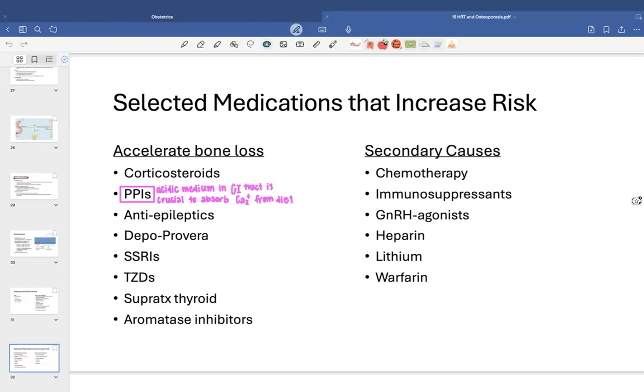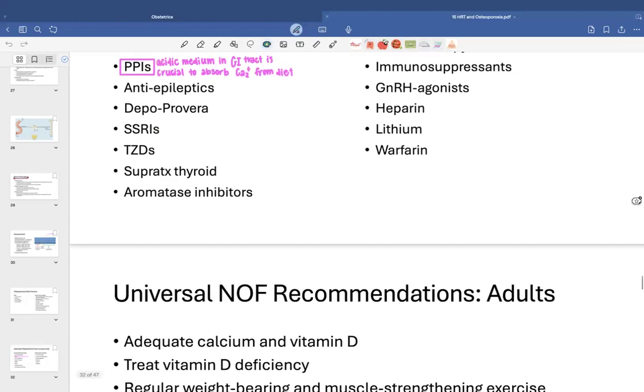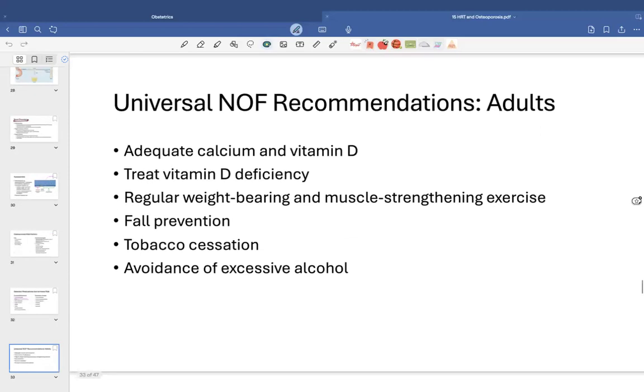So in adults, the recommendation is to make sure that they're getting adequate intake of calcium and vitamin D. If there is a vitamin D deficiency, and I can probably estimate that more than half of people in this room have vitamin D deficiency, inside studying all the time, not getting the sunlight you need, or you might be highly melanated and don't get the vitamin D from sunlight that way as well.